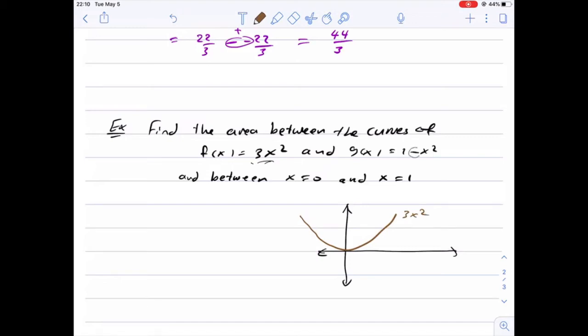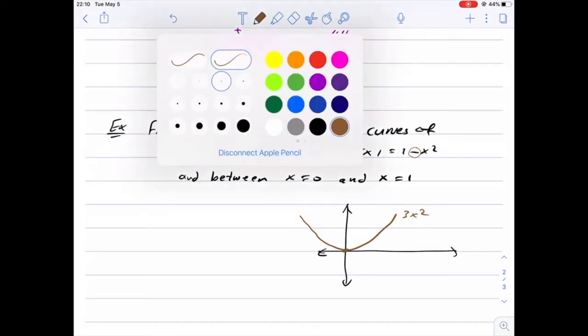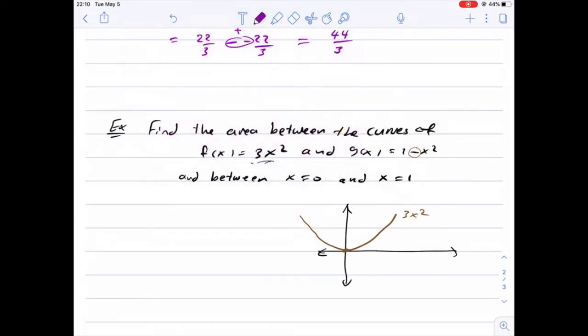This is 3x squared, and 1 minus x squared, as you can see, the sign of x squared is negative. That means it's open down. Now when x equals 0, this function becomes positive 1, and when x equals 1 or -1, these are the x-intercepts. So the graph looks like this.